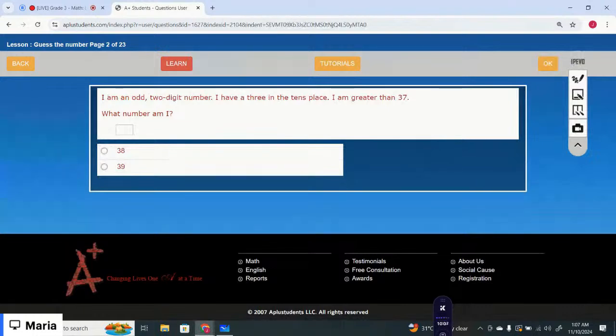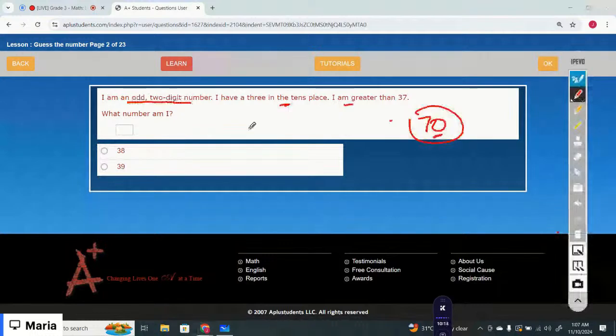I have a 3 at the ones place and I'm greater than 37, right? So odd number it is, and odd two-digit number. I have a 3 at the ones place and I'm greater than 37. So you're given two options, 38 and 39.